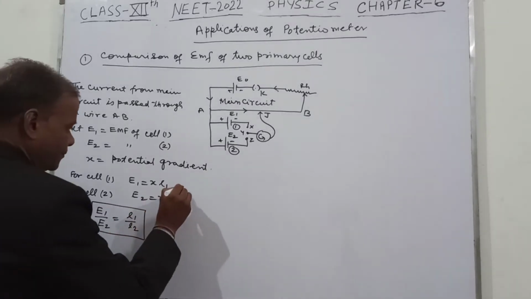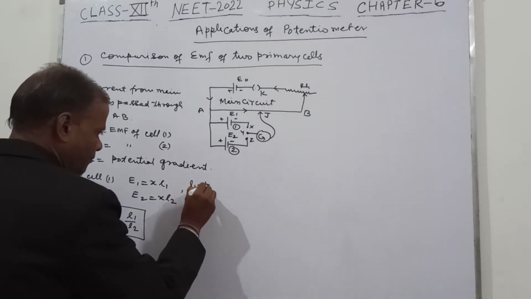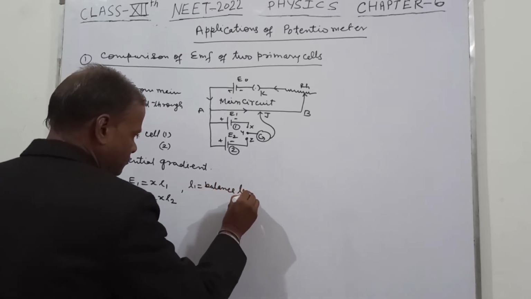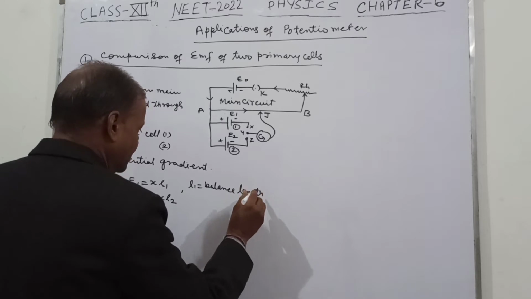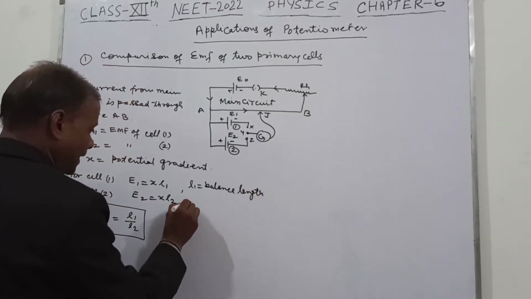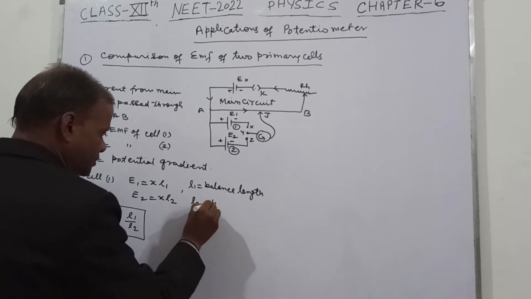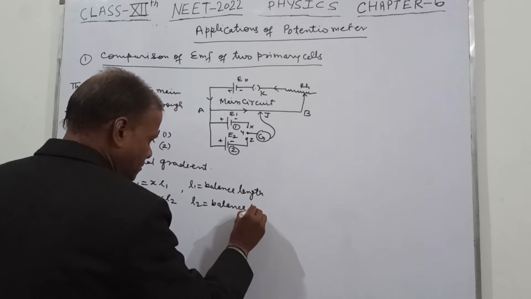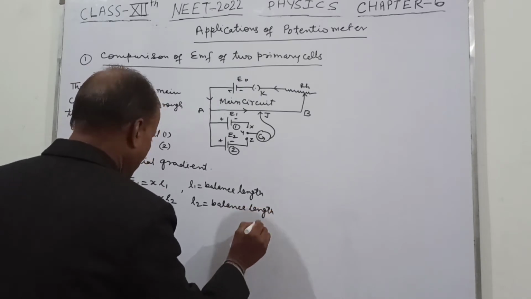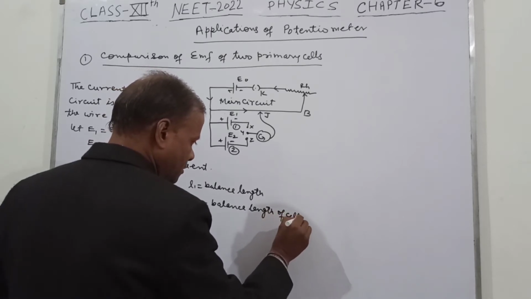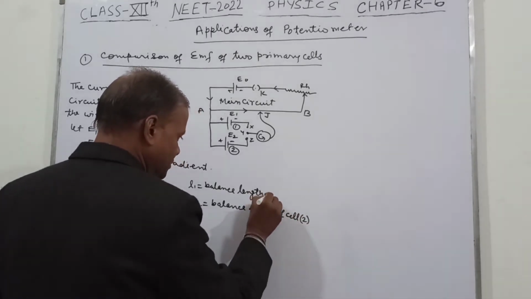where L1 is the balance length of cell 1, and L2 is also the balance length, of cell 2.